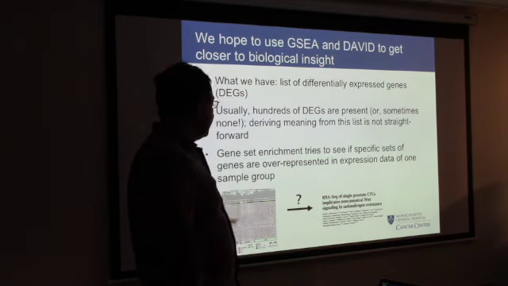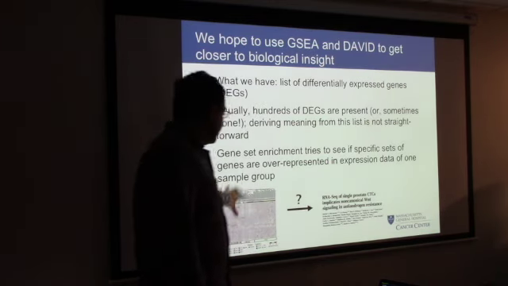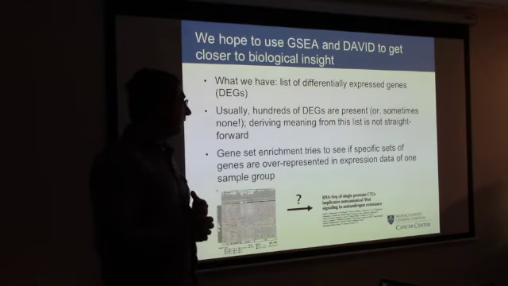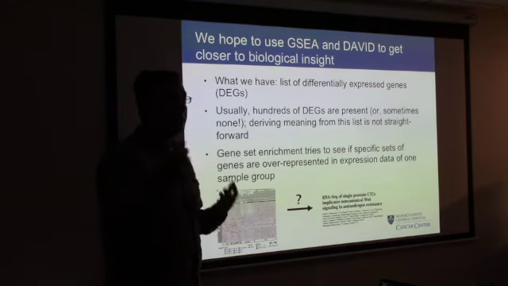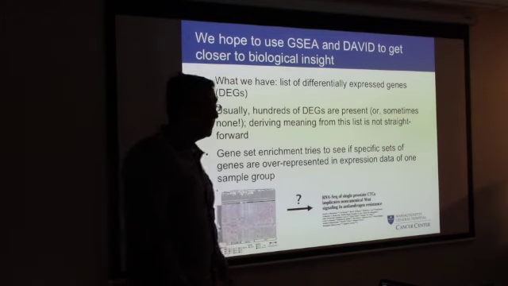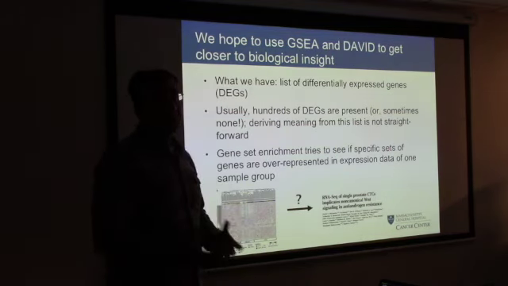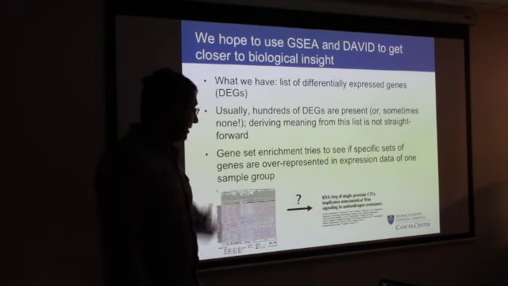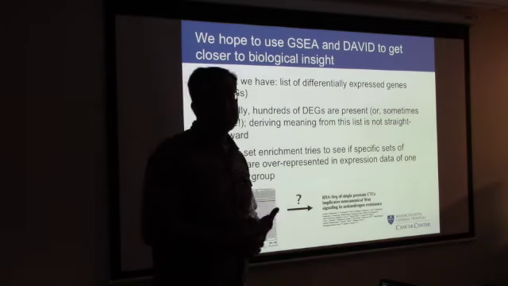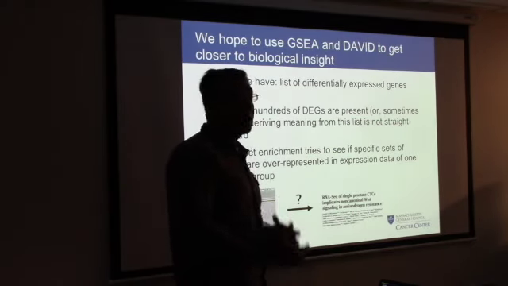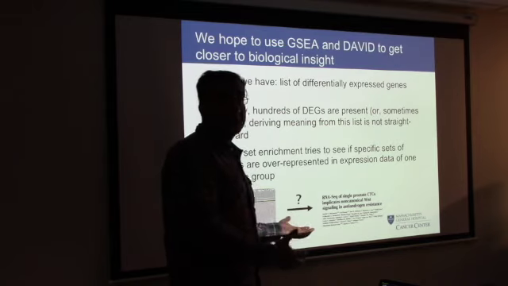But essentially the point is that you have this heat map of differentially expressed genes, you have all these groups. Now what does it mean to see if there are existing pathways? Can you find those pathways in your differentially expressed list? Do those pathways appear to be differentially expressed as well in your data set? So that's the whole point of GSEA, is to look at existing pathways and try to find how they stack up against your hypothesis.